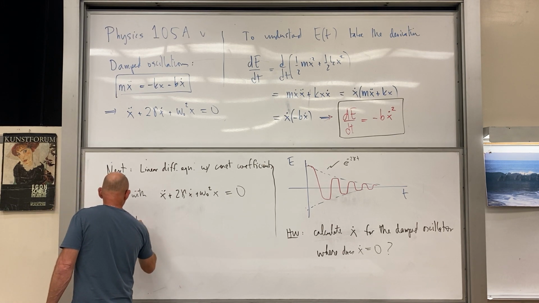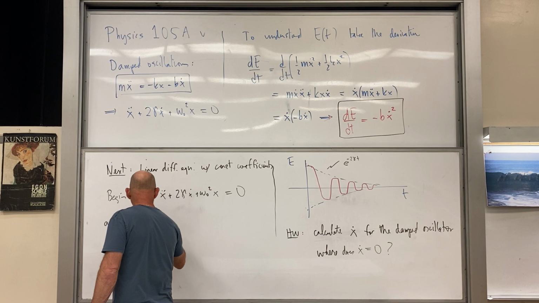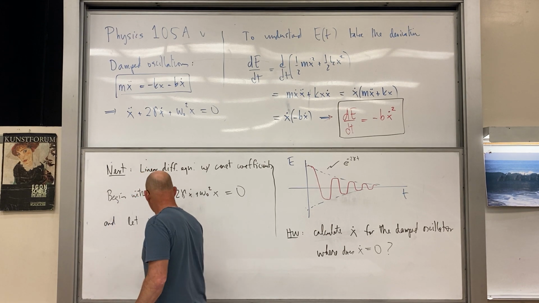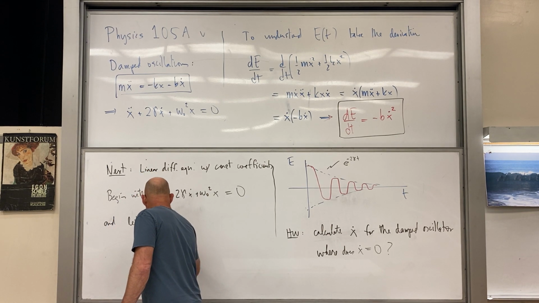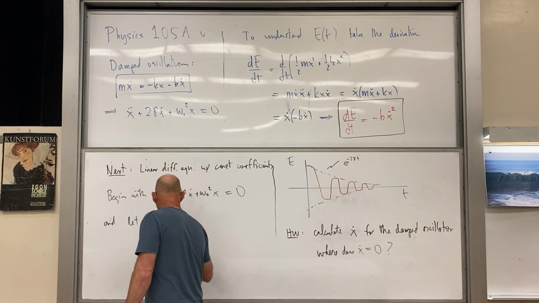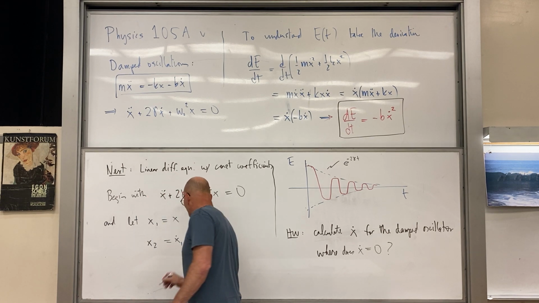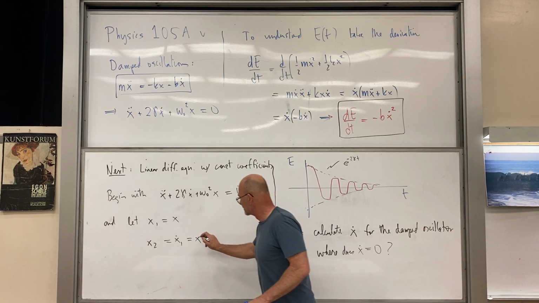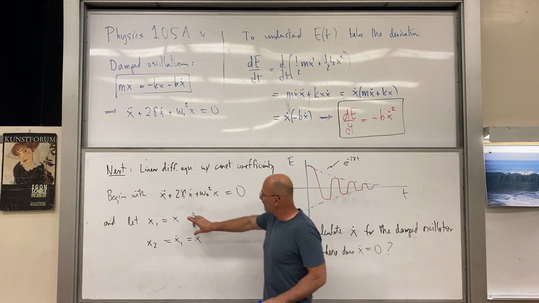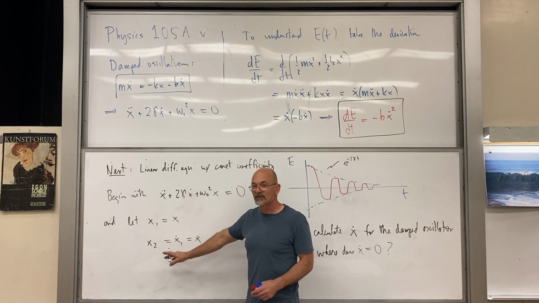So we're going to begin with this and then define, let x1 be equal to x and x2 be equal to x1 dot, which is just x dot. Okay. So x1 is this original x and x2 is its first derivative.